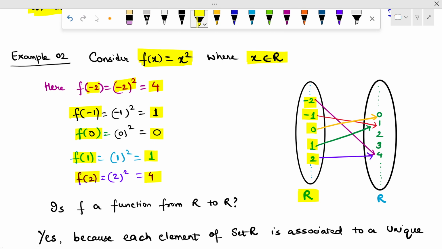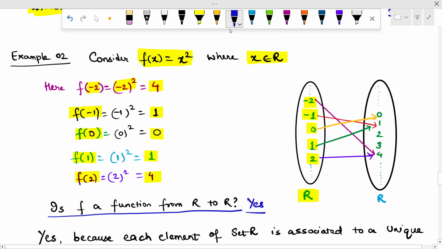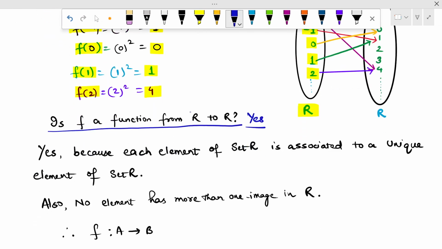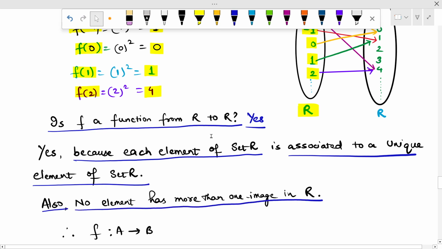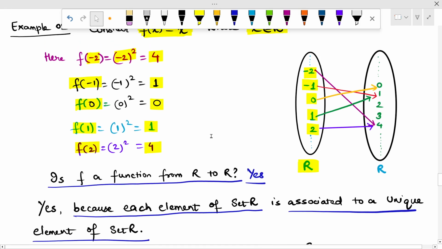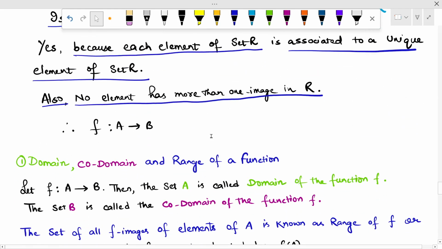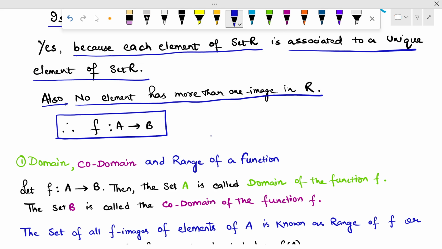Therefore, this is a function from R to R. So is f a function from R to R? Yes, it is, because each element of set R is associated to a unique element of set R. Also, no element has more than one image in R. You can see that, right? Therefore, f is a function from A to B. I hope this is clear to all of you.